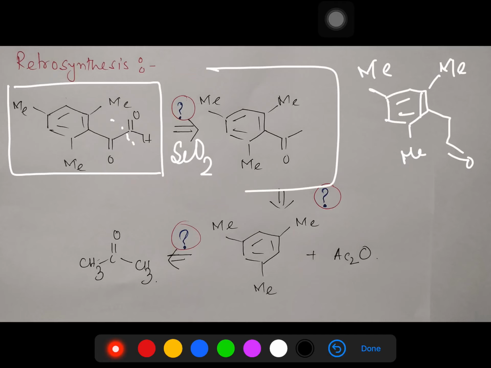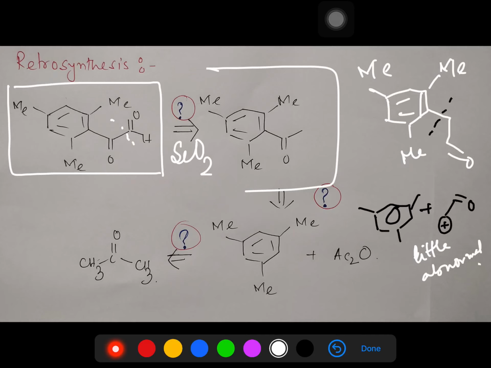Why? Because we have to make a disconnection from here. So what will be the products? One is mesitylene, and another is this positive charge on the alpha of the carbonyl, which is actually a little illogical, or a little abnormal, I would say.